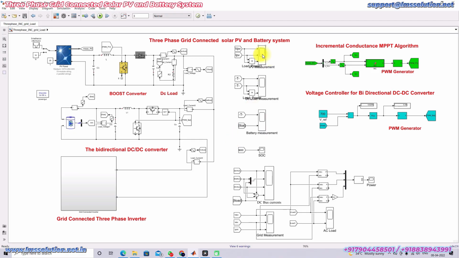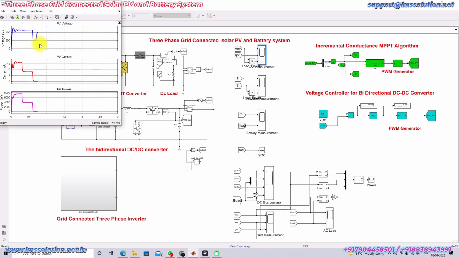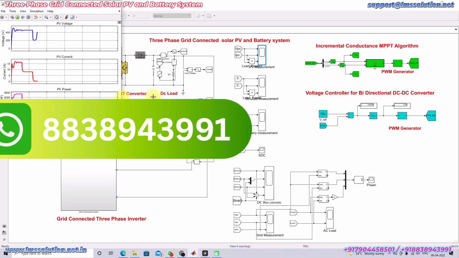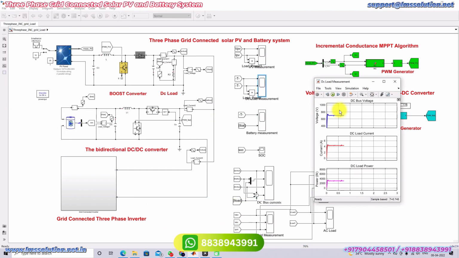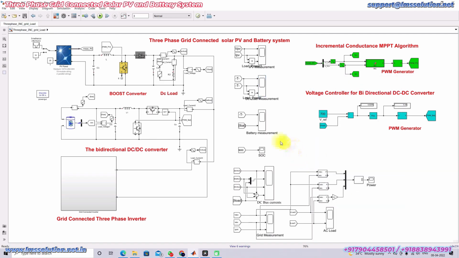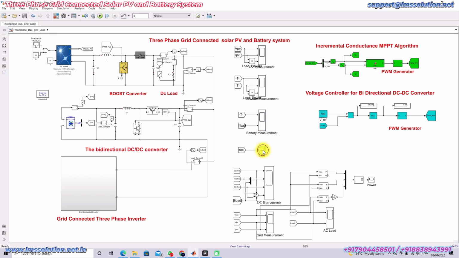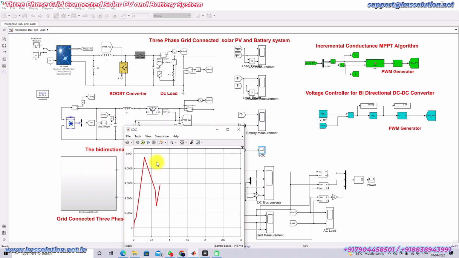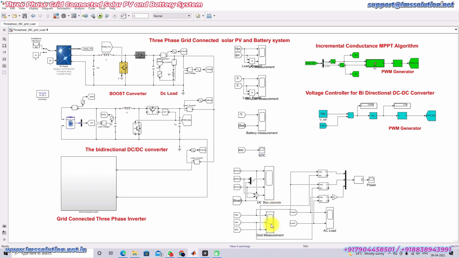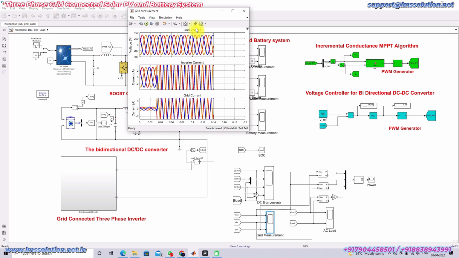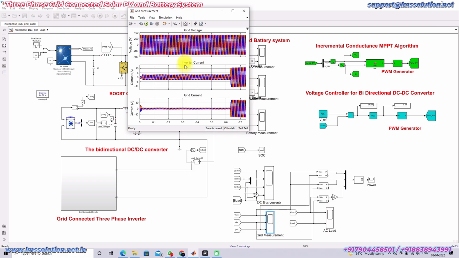This will be used for measuring the PV voltage, current and power. This will be used for measuring the DC bus voltage, DC load current and DC load power. And this is used for measuring the battery voltage and battery current. This is used for measuring the SOC of the battery. This is used for measuring the grid voltage, inverter current and grid current.